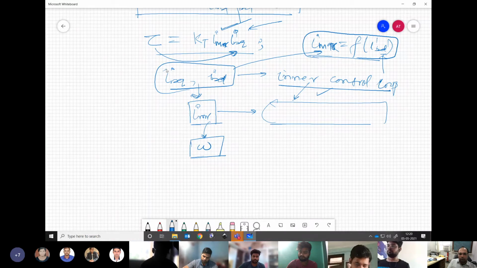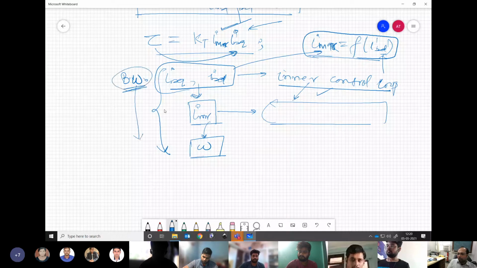So this is how we will make our bandwidths. This is how we will consider the range for our control loop bandwidth. Meaning to say that if you call the bandwidth for current as omega b omega I, then for IMR as omega b omega f, because IMR is a direct measure of flux.